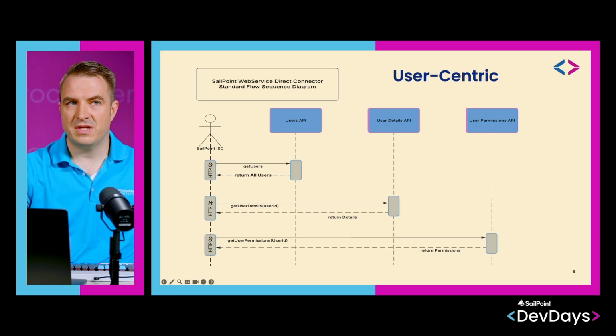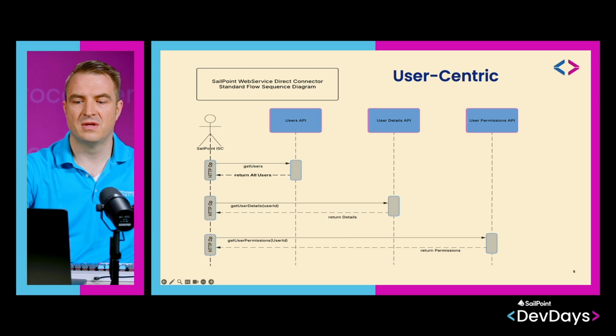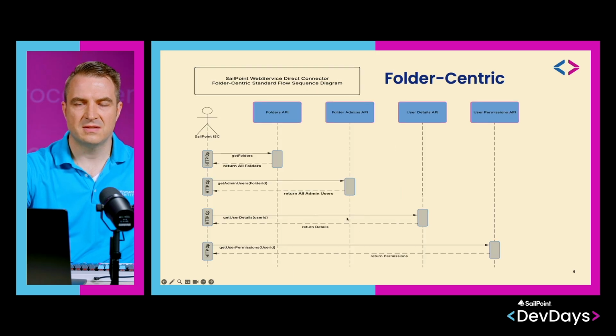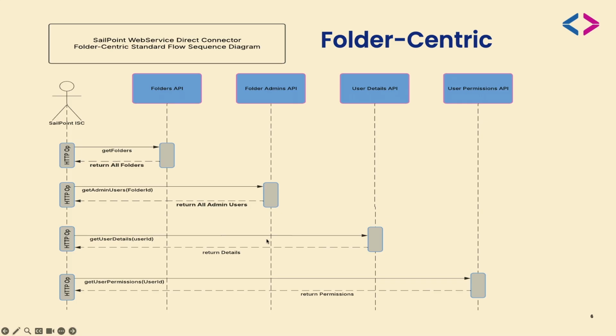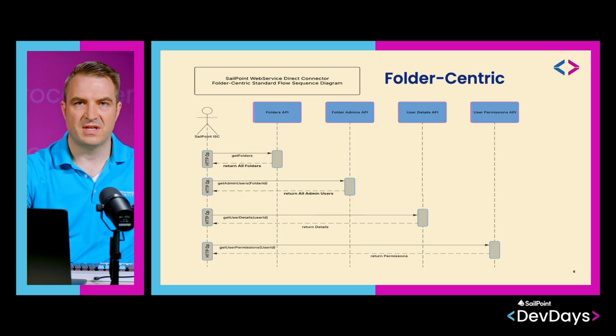So if you end up encountering a non-user-centric data source, most people would look at this and say, oh, I can solve that. I will just put the folders request in front of the user's request. So as you can see here, this was the first attempt that I did when I encountered this. I said, okay, let's get all the folders, and then let's get the folder admins as the second HTTP operation. And then additionally, we have the third and fourth.